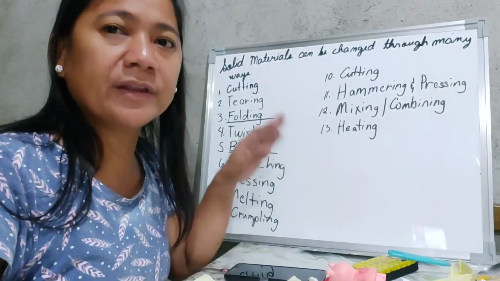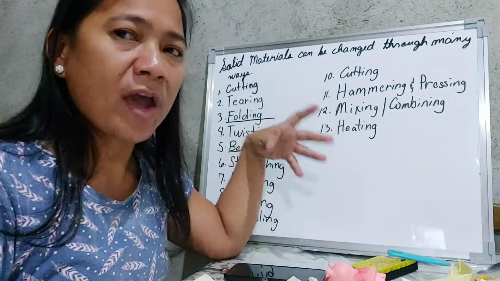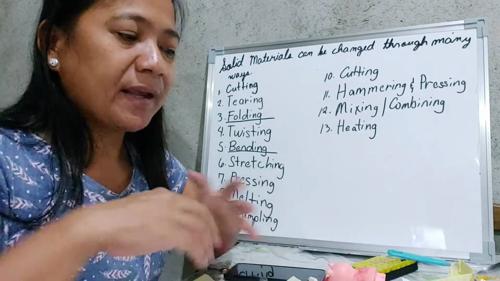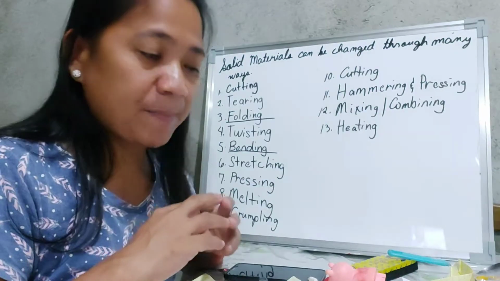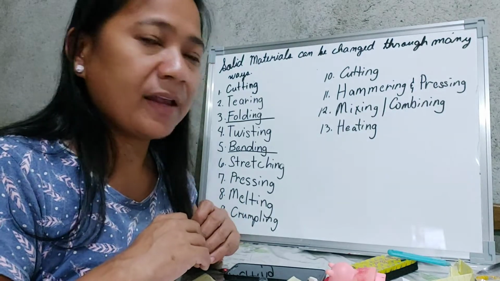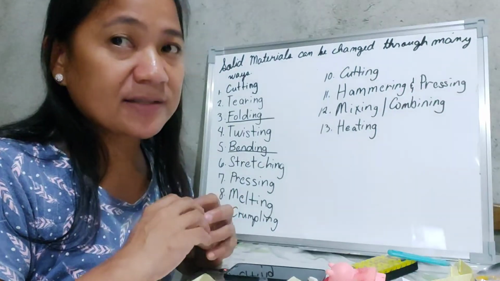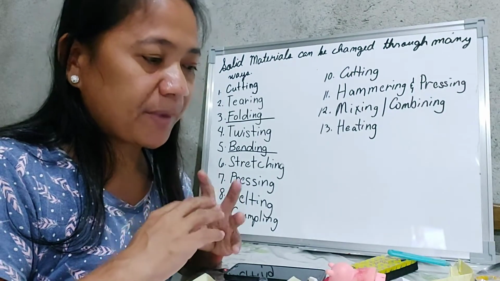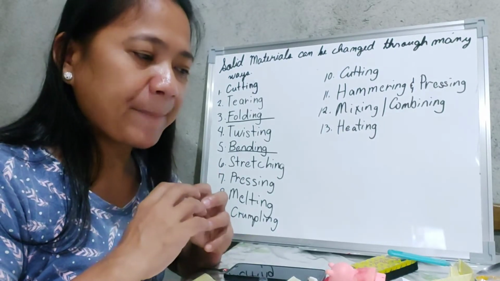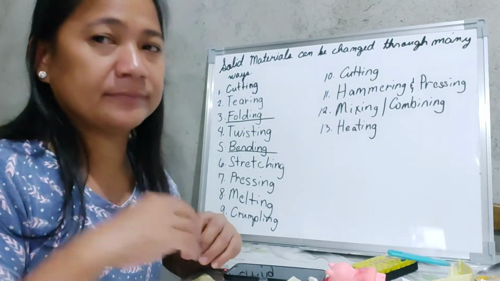We also have number 13, which is heating. If you have a popsicle and expose it to direct sunlight, the sun heats up the popsicle and the popsicle gains heat. When the popsicle gains heat, it will change its state. It melts into liquid. Melting happens when a solid changes to liquid because of heat.